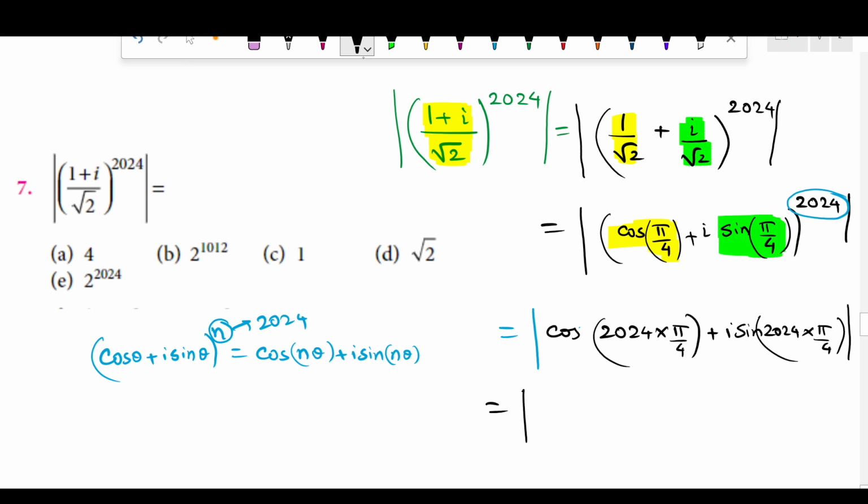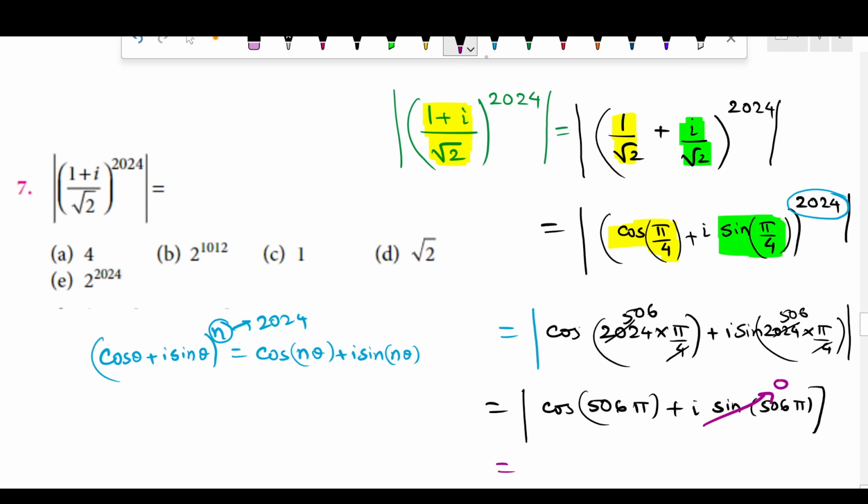This will be equal to cos 506 pi, if you cancel this, 506 over here and over here as well, plus iota sin 506 pi. Now sine of any multiple of pi is 0, right? So this part is 0, and this will be mod cos 506 pi, which is equal to mod 1, which is 1. So your correct answer is C, right?